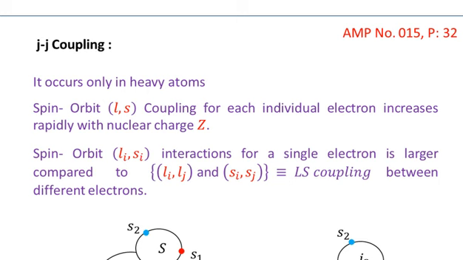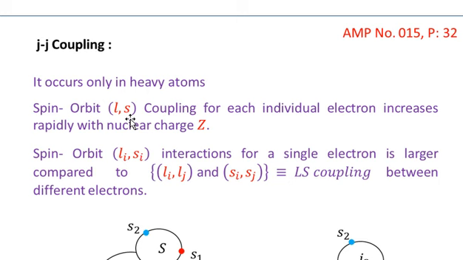JJ coupling occurs only for heavy atoms, because in heavy atoms the type of interaction is changed. For example, in the heavy atoms, for an individual electron, the coupling between the orbital angular momentum and the spin angular momentum becomes much stronger as compared with their coupling with the other electrons.